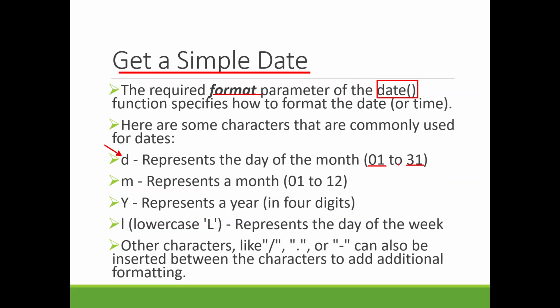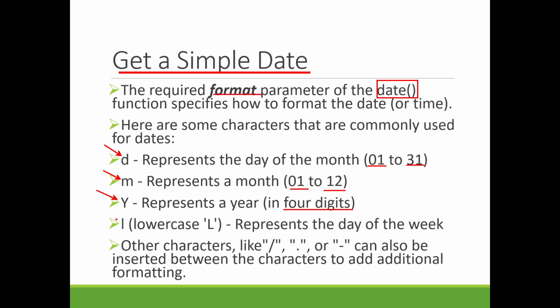So if, for example, today is 22nd, then it's going to print 22 for the day. Then m, as you might have guessed already, is for month. So again, this is going to print 2 characters from 01 all the way to 12. Then Y is for the year. Normally, when you use uppercase Y, it prints 4 digits.